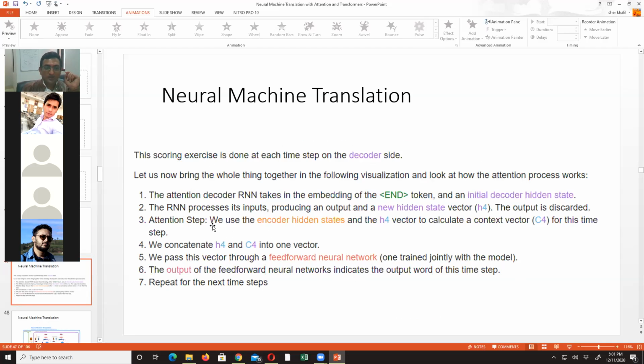We use the encoder hidden states and the H4 vector to calculate context vector C4 for this time step. We concatenate H4 and C4 into one vector and pass it through a feed forward neural network, one trained jointly with the model, and the output of the feed forward neural network indicates the output word of this time step, and then we repeat this for all other steps.